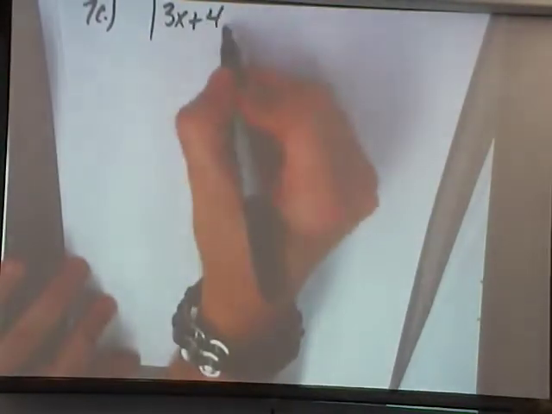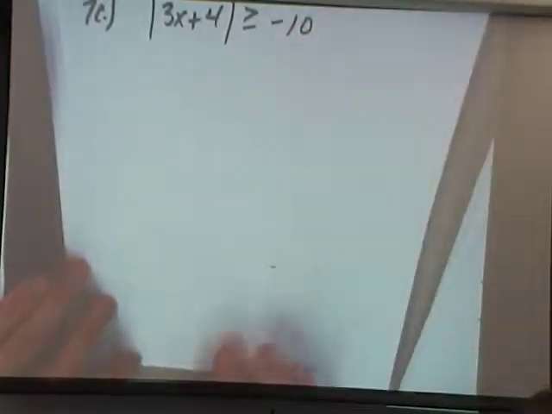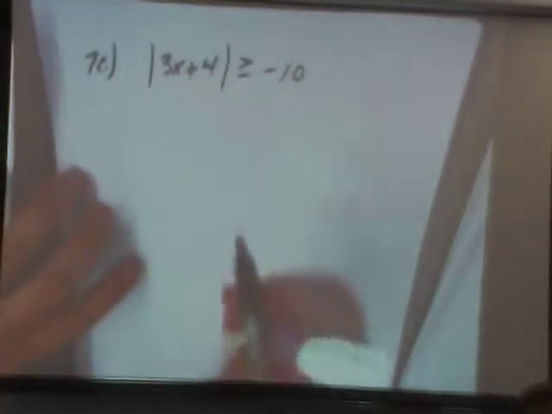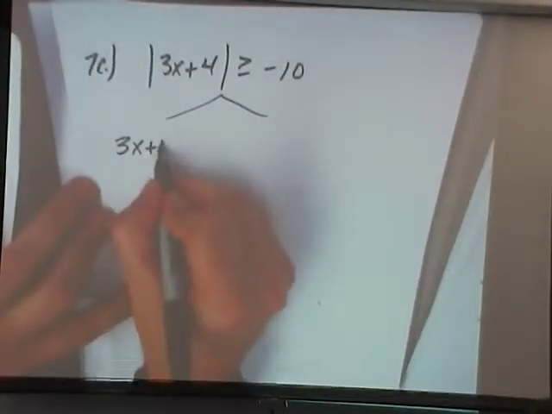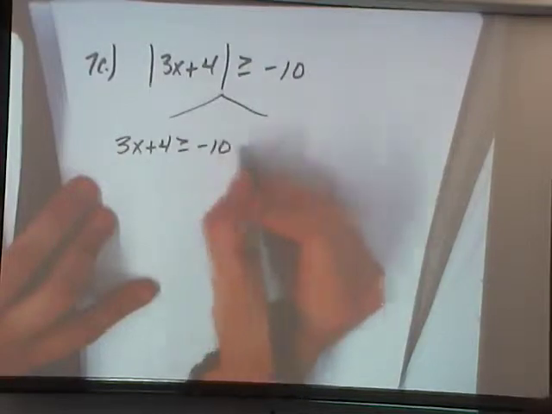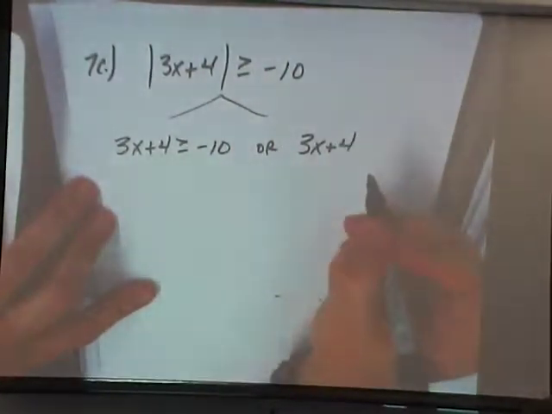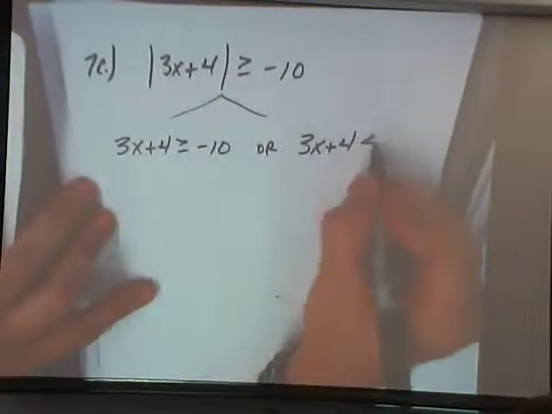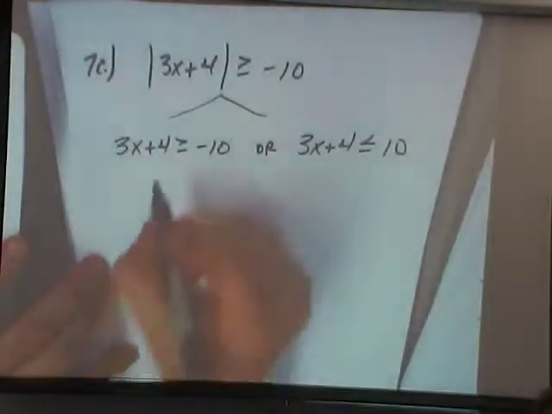All right, 7C. Absolute value, 3x plus 4, absolute value, greater than or equal to negative 10. All right, make the two equations. 3x plus 4 greater than or equal to negative 10, or 3x plus 4 less than or equal to positive 10.